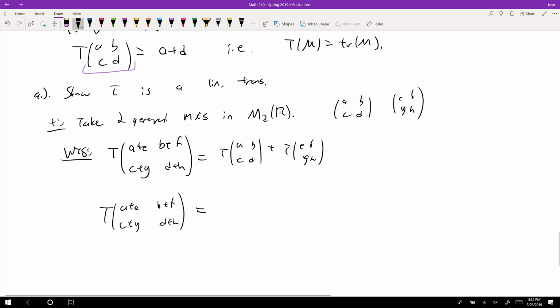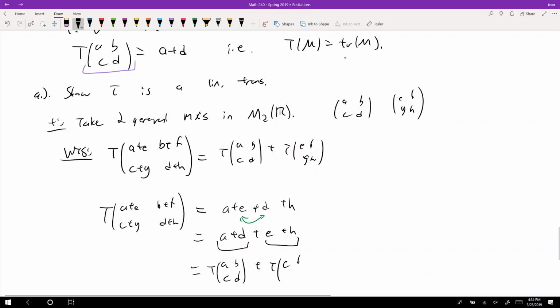It's the trace of that matrix, so it's A plus E plus D plus H. Now we can rearrange some terms: this is A plus D, and then plus E plus H, so I just flipped the 2 middle terms. A plus D is the trace of A, B, C, D, so T of A, B, C, D. And then E plus H is T of E, F, G, H. All right, and so that's good.